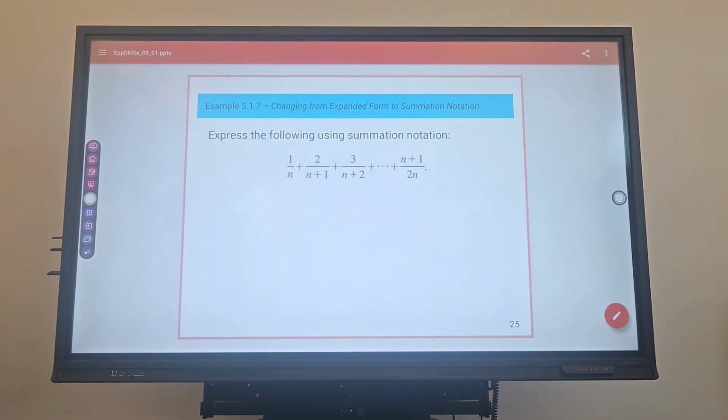So, express the following using summation notation. 1 over n plus 2 over n plus 1 plus 3 over n plus 2, all the way up to n plus 1 over 2n. Any ideas how to approach that? Yeah. The index would be, say k.